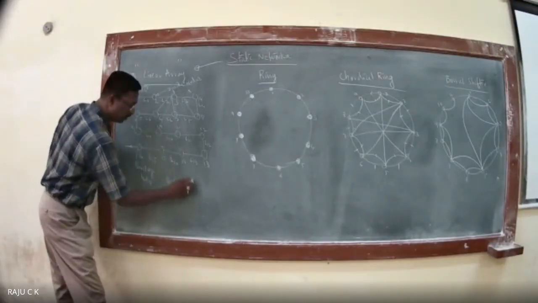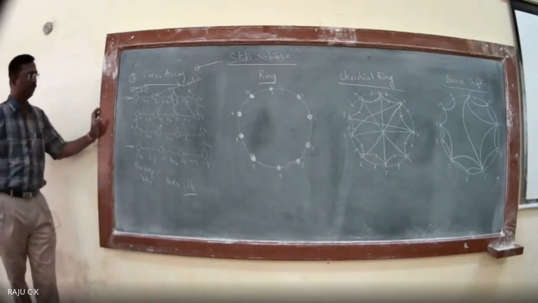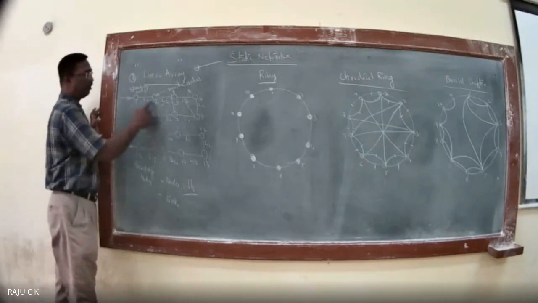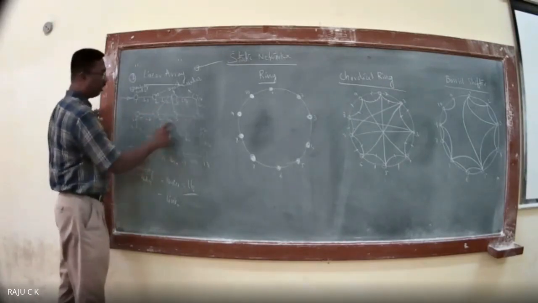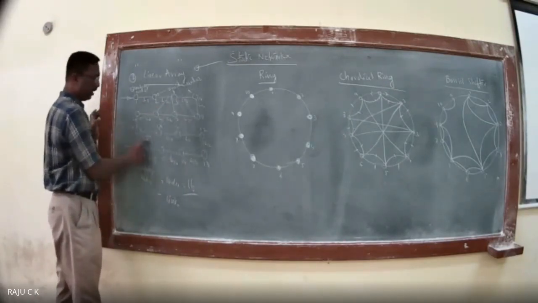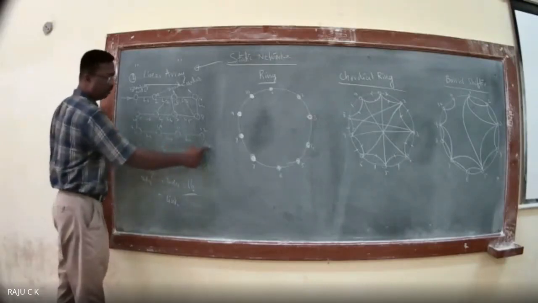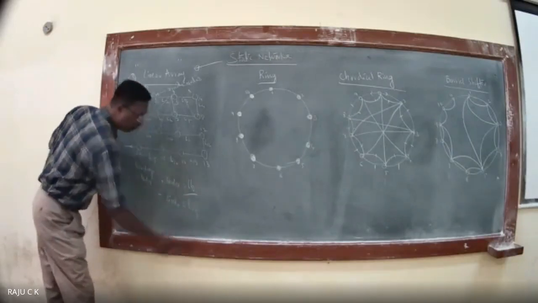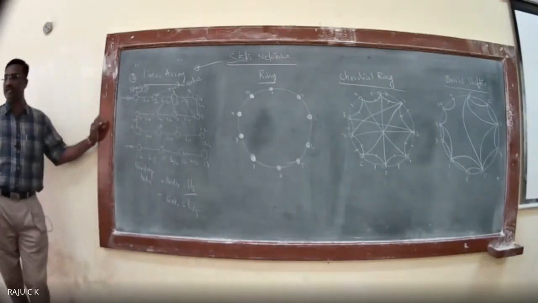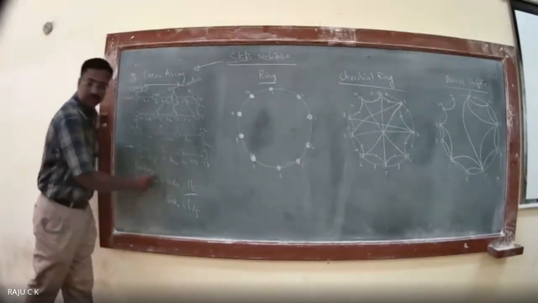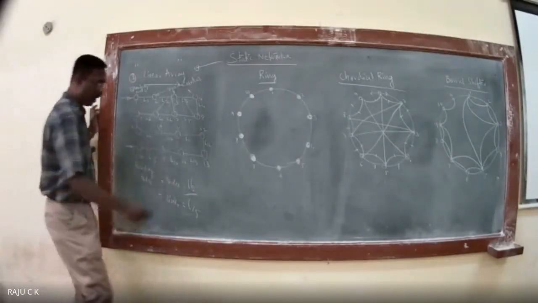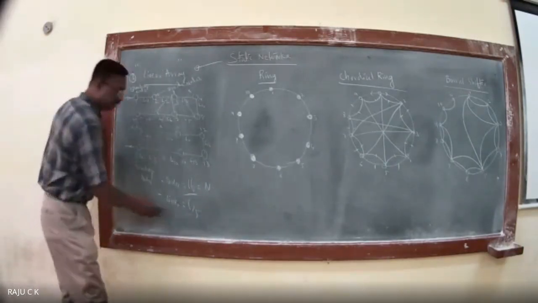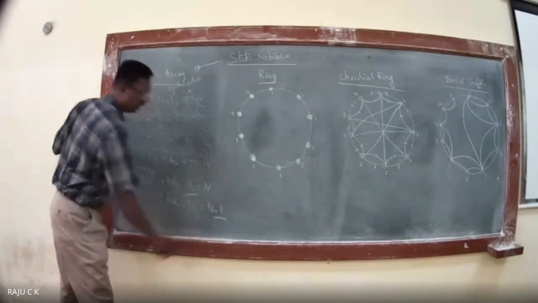The number of links you can see is L1, L2, up to L15. So N is equal to 16 nodes, and links is equal to n minus 1 links.